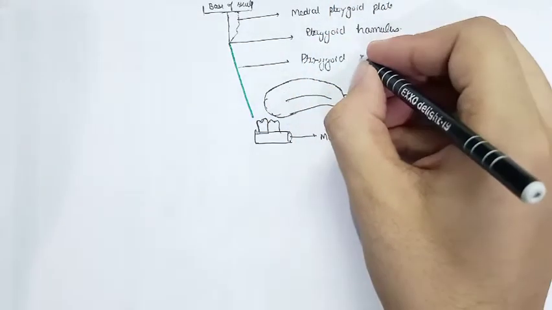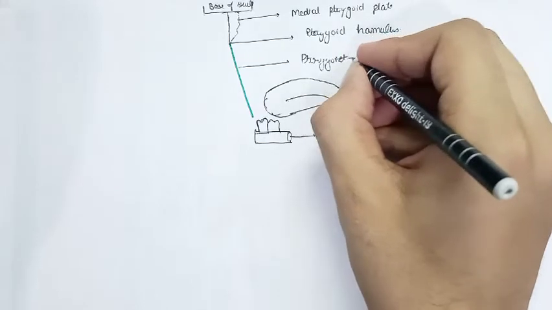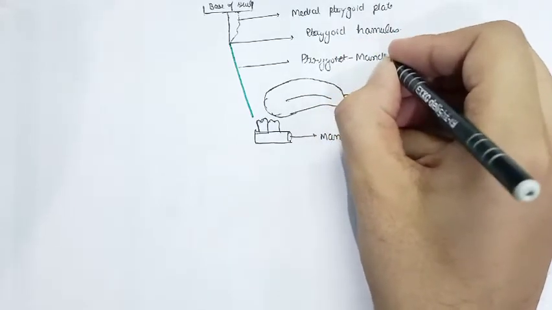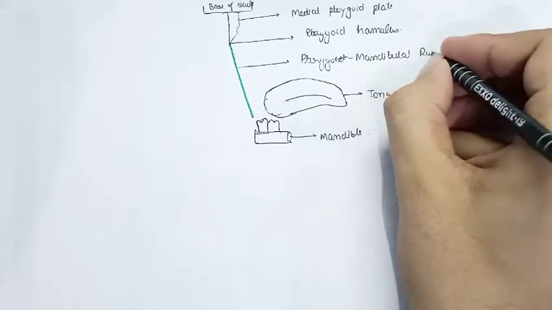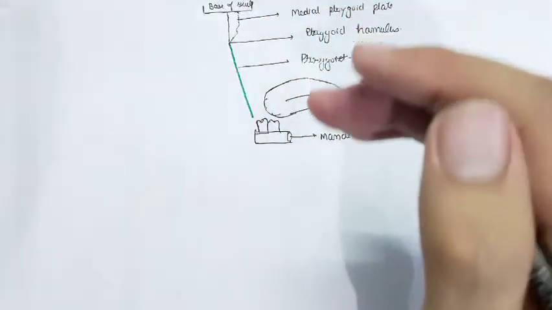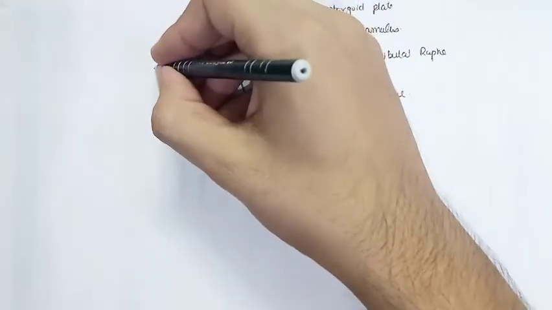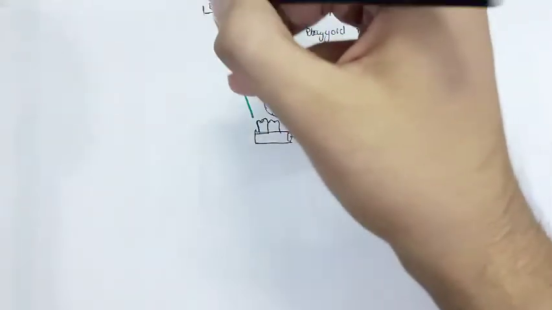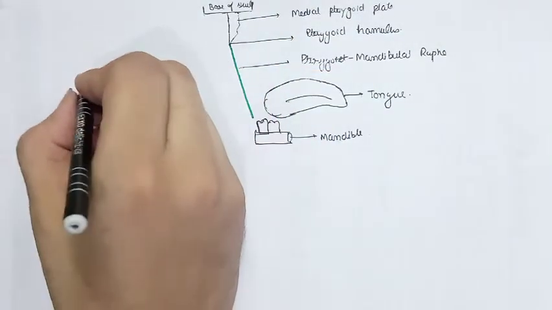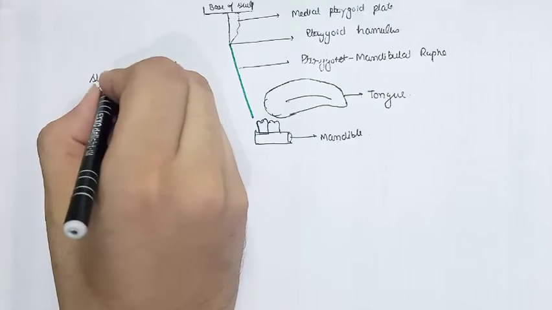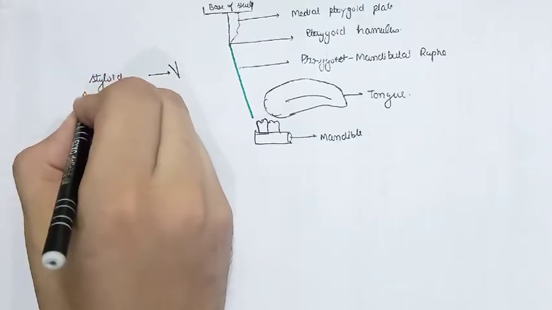So we have pterygomandibular raphe. So my PPT showed that if you have to draw the styloid apparatus, at the back side we have the styloid apparatus.